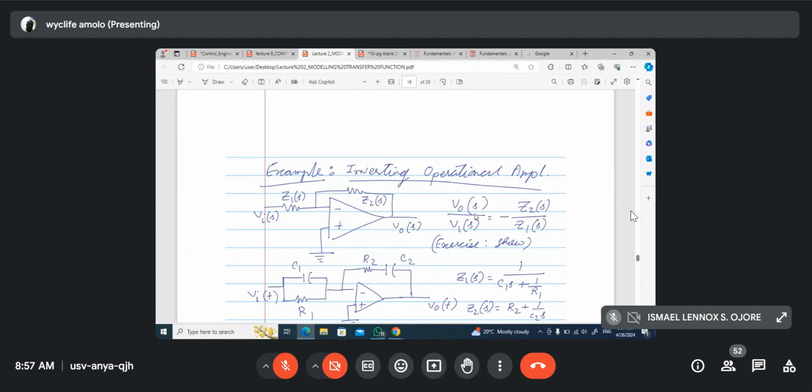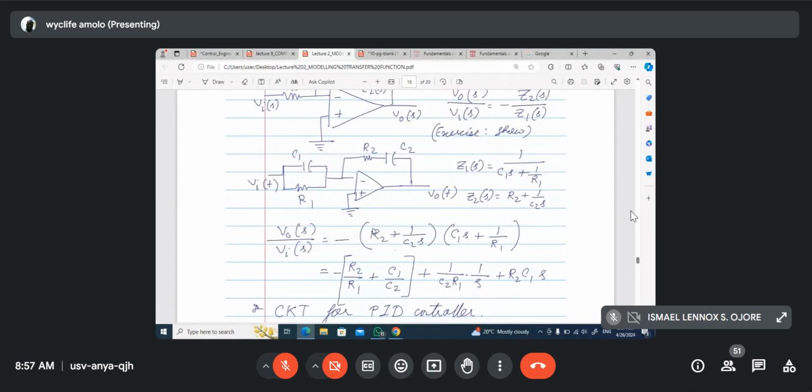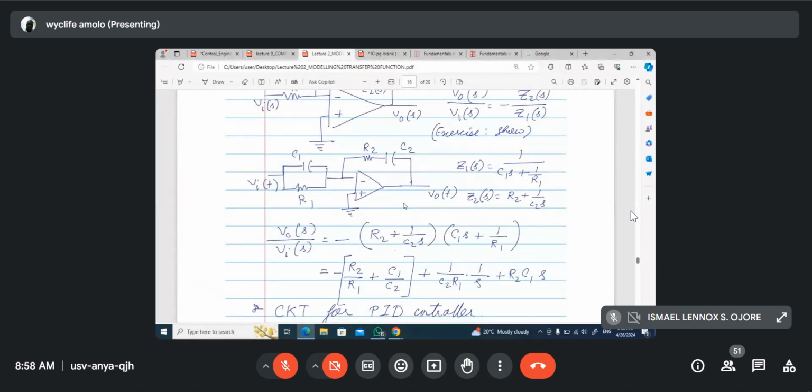In PID controllers we sometimes use amplifiers, operational amplifiers. So this is where I was bringing you to: operational amplifiers. There's one part which is supposed to be the proportional, integral, and derivative part.